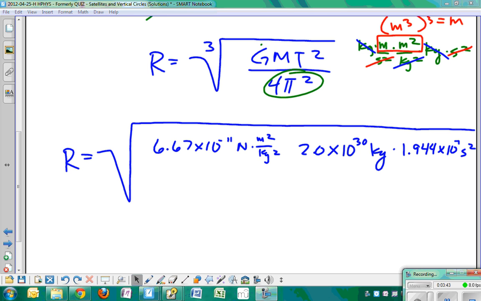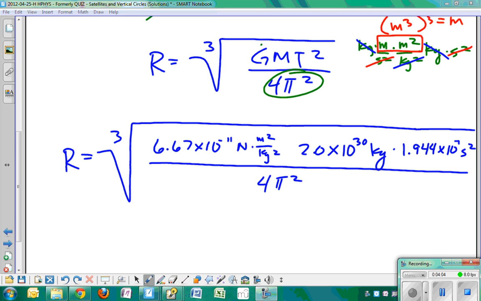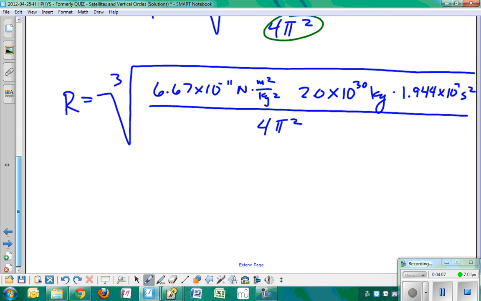And handy dandy calculator gives me 1.944, a little excessive on the precision, times 10 to the 7th seconds squared, and we divide all that by 4 pi squared. So when we do all that and take the cube root, we come up with a radius of 1.1 times 10 to the 11th.